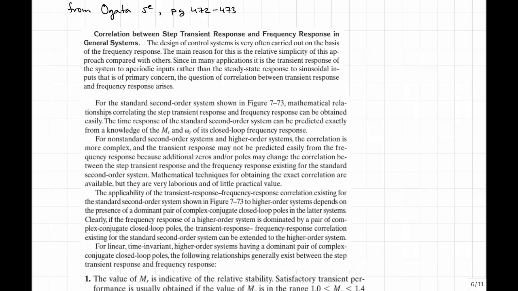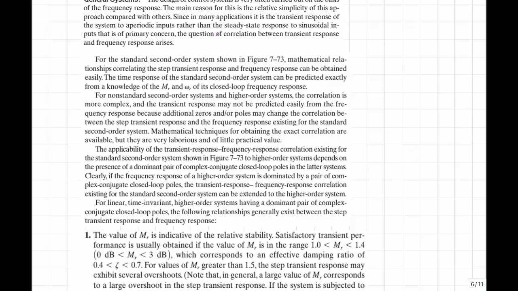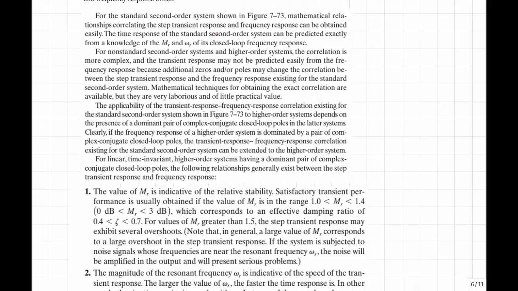But for higher order systems that behave either dominantly as a first or second order system, we can still use these techniques, these approximations, to arrive at some indication of what we'd expect for a transient response for that higher order system. And the notes here, or the textbook, this fifth edition of Ogata on pages 472 and 473, goes through some discussion there, which I think is worthwhile reading.